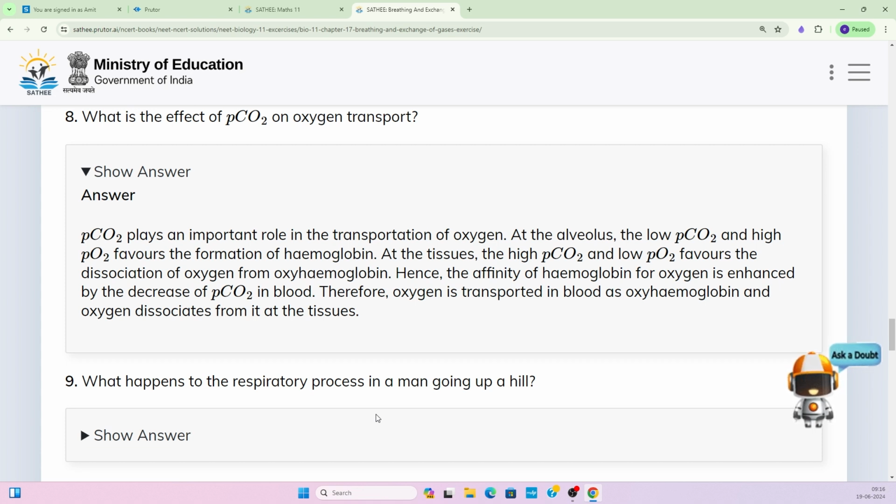Hence, the affinity of hemoglobin for oxygen is enhanced by the decrease of partial pressure of carbon dioxide in the blood, right? Therefore, oxygen is transported in blood as oxyhemoglobin, and oxygen dissociates at the tissue, whereas at the alveolar region, oxyhemoglobin is formed.